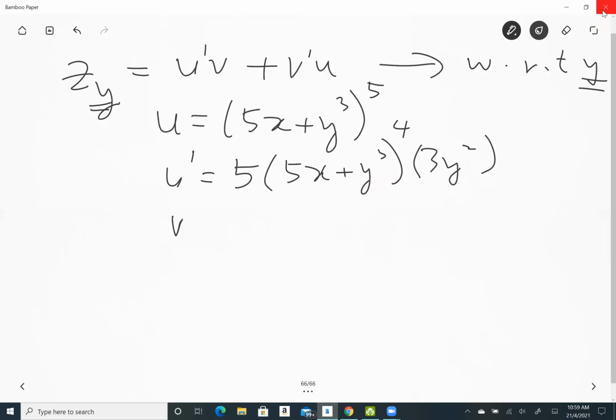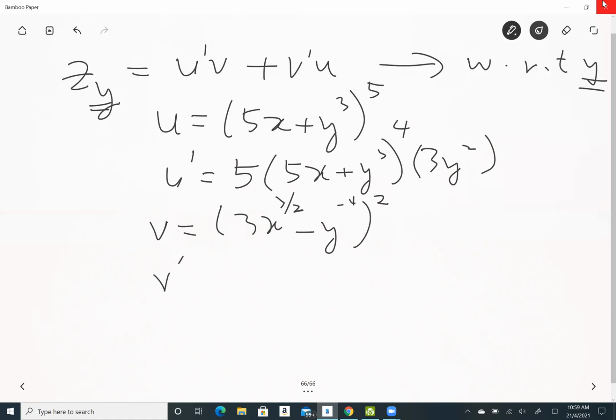So now v prime, you take the derivative of the second part. I'm sorry, v first. We take the derivative of the term with respect to y. So v is equal to (3x to the power of 3 over 2 minus y to the power of negative 4) everything squared.